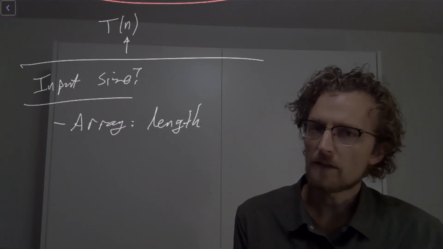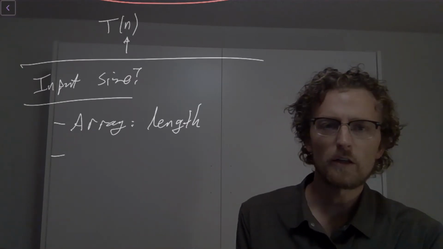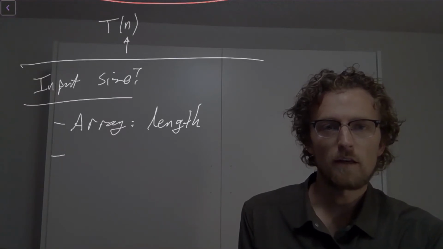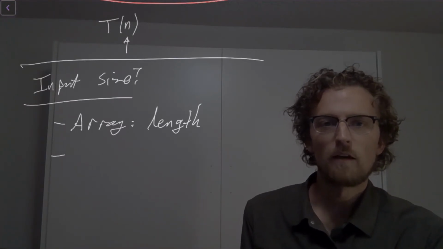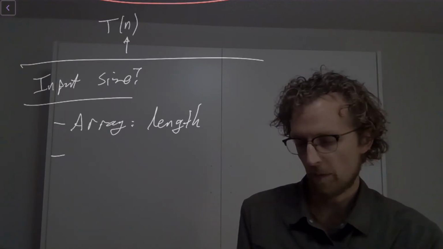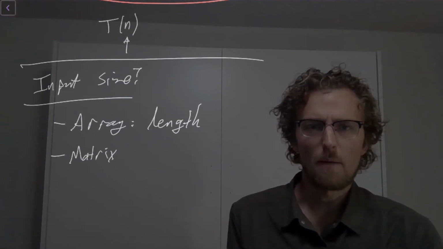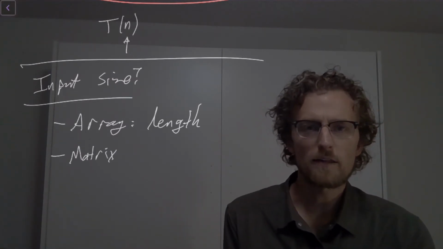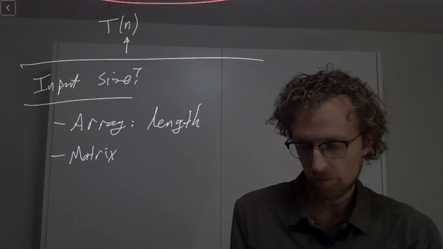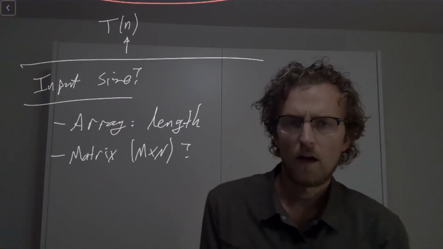Sometimes it's a little bit less obvious. If we are dealing with an algorithm that operates on a matrix, then the input size might not just be a dimension of the matrix, but the total number of entries in the matrix. Suppose we have a matrix of size m by n, so it has m rows and n columns. Then what's the input size?